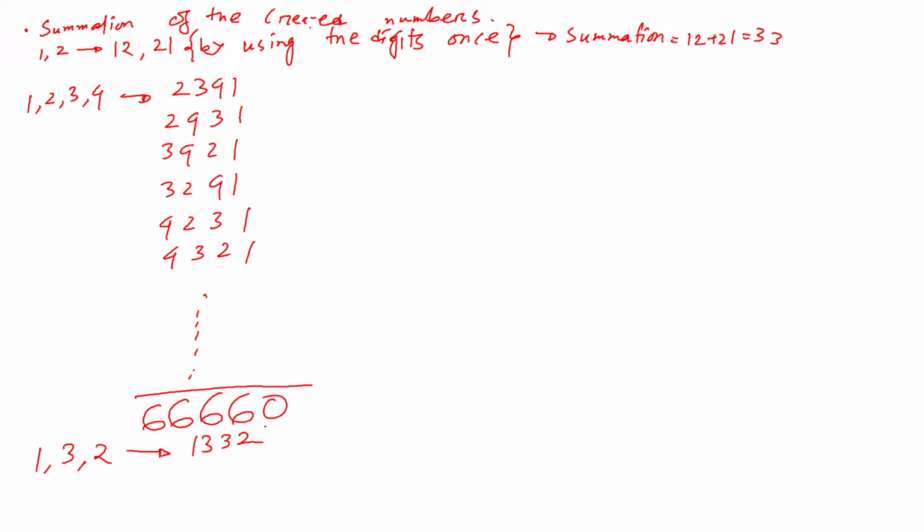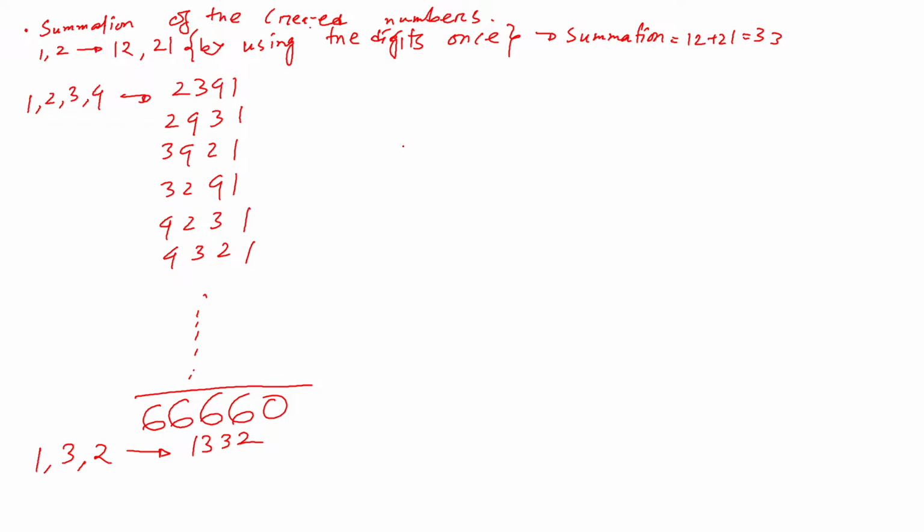Now the point is, how are we getting this? This is just like calculating all the numbers that can be created and then adding them up. So there is a particular formula to that.